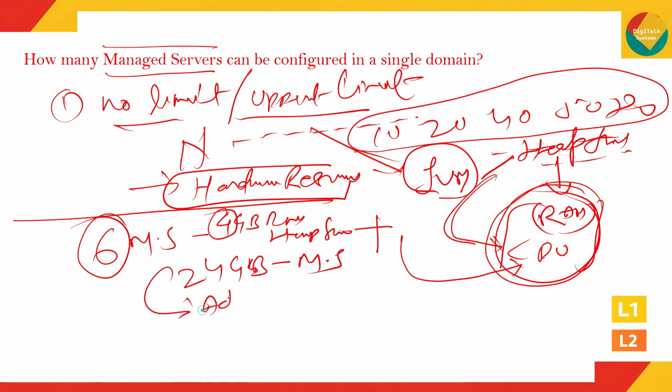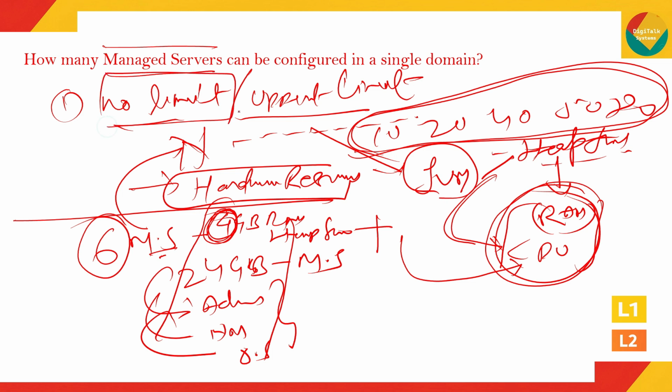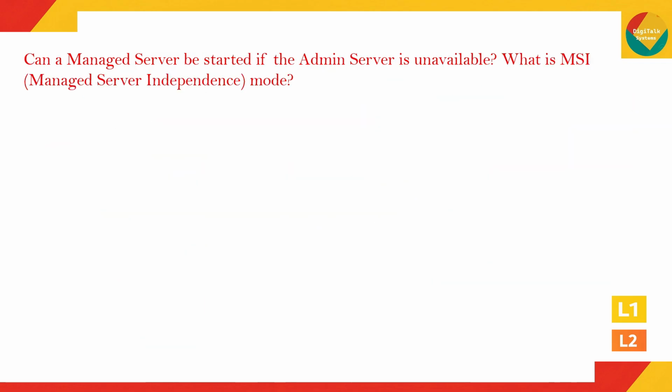On top of that, you have an admin server, you have the node manager, and the OS is also running in the system, right? So you need to plan accordingly how many managed servers are needed and what the required RAM size is for each server. Based on that, we can define the total number of servers in our cluster, or you can say in a particular domain. But there is no limit, there is no capping on defining managed servers. It completely depends on your hardware resources.